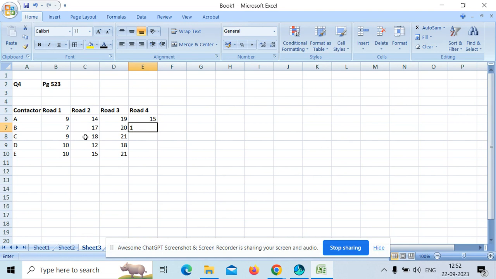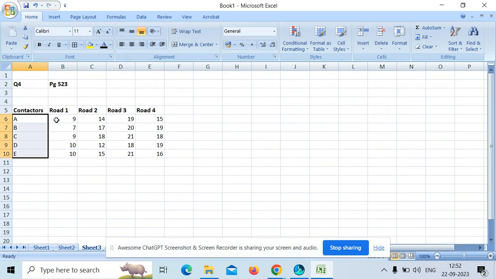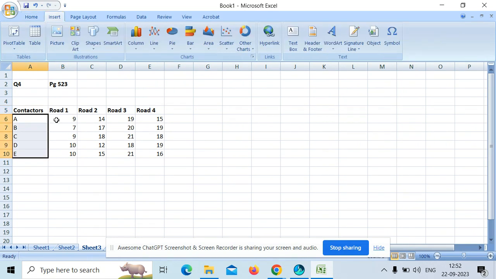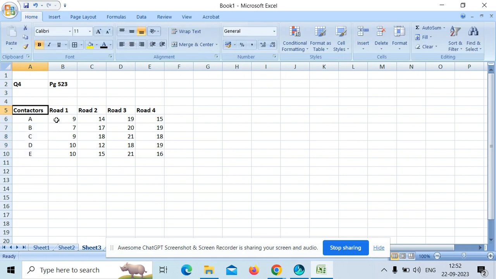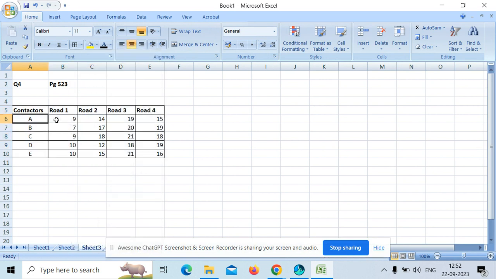Then we have 15, 19, 18, 19, and 16. Okay. So here there is one extra row, but there is no extra column. So you will have to prepare a dummy column by adding 0, 0, 0, 0.